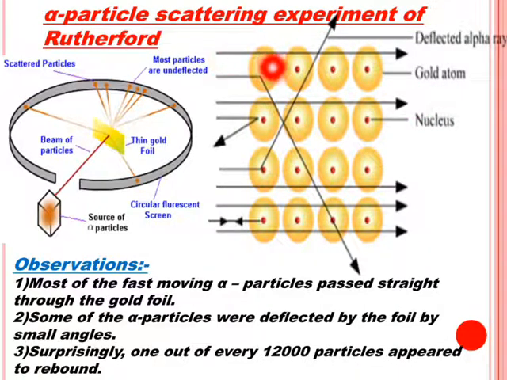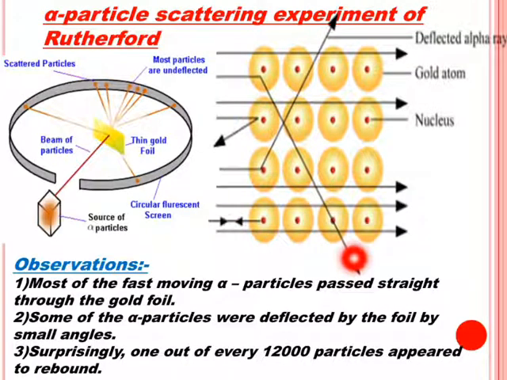He observed most of the fast moving alpha particles pass straight through the gold foil. He also observed that some of the alpha particles were deflected from their path. You can see from these arrows, they are deflected from their path by making some angles.